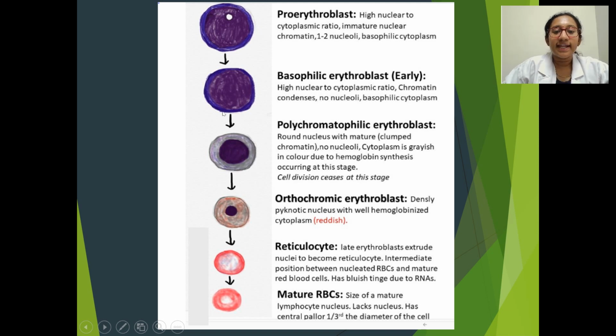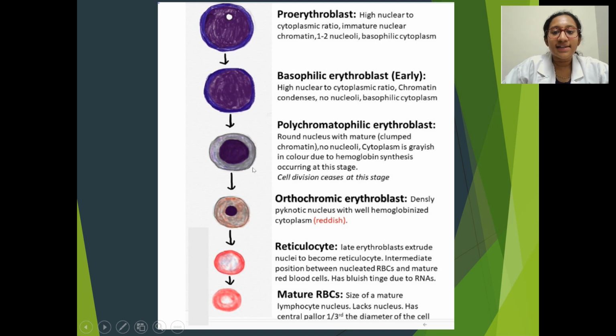Then the next stage is the polychromatophilic erythroblast, where the size of the cell further reduces. The nucleus becomes round and more mature with clumped chromatin. Here you can see that chromatin is more dense, and there are no nucleoli, and the cytoplasm amount has increased, and it is more grayish in color, because the cytoplasm is the main site for production of hemoglobin.